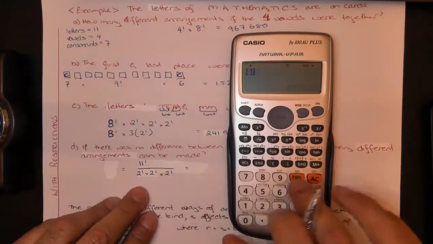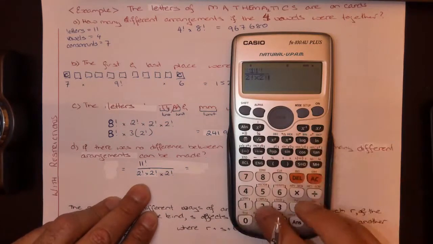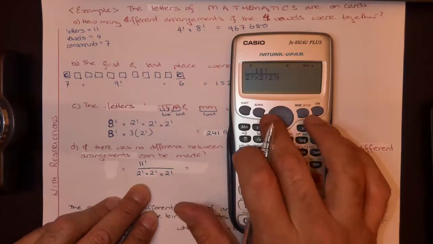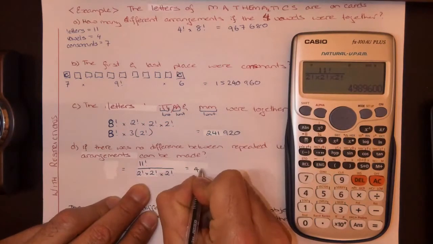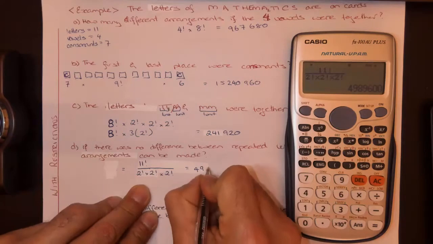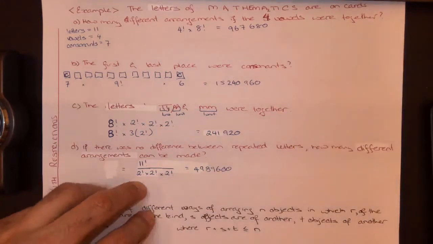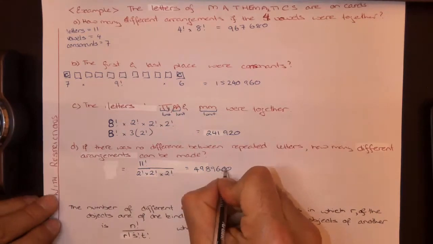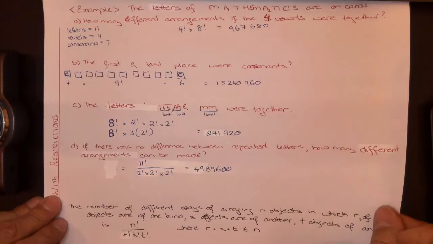So 11 factorial over 2 factorial times 2 factorial times 2 factorial is 4,989,600 possible ways.